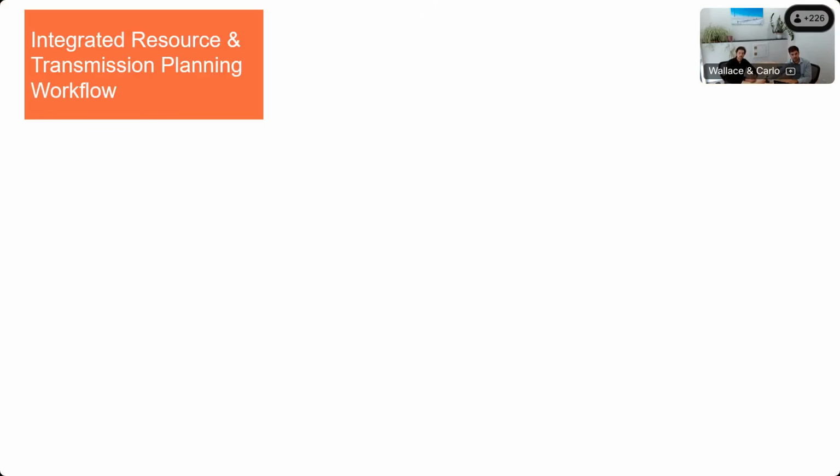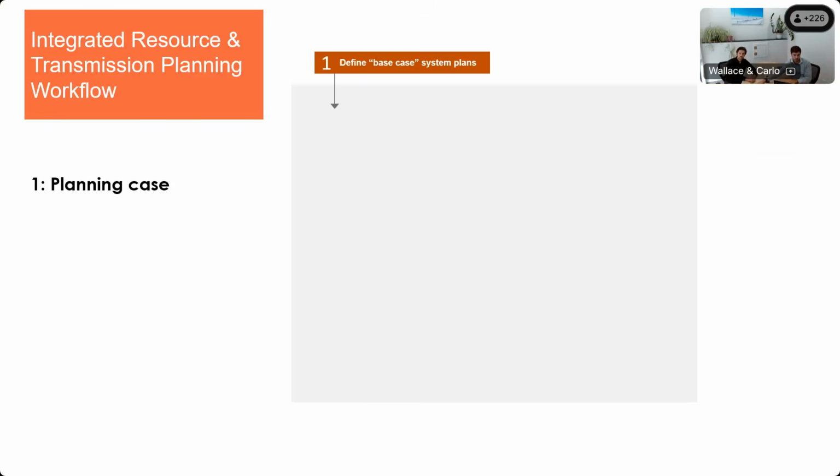So to do that, we want to highlight a framework on how Wallace and I can work together, and how can we integrate our modeling efforts and our planning efforts to ultimately arrive to a better integrated generation and planning solution that quantifies the economic and reliability trade-offs of our plans.